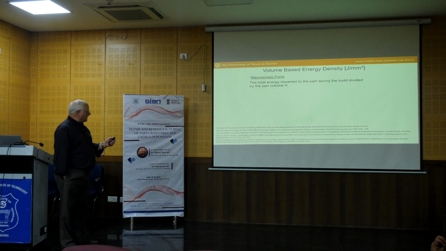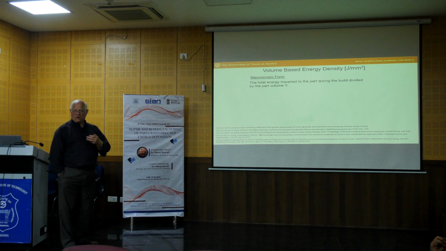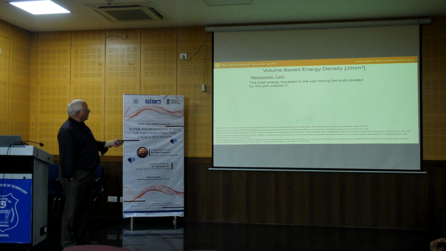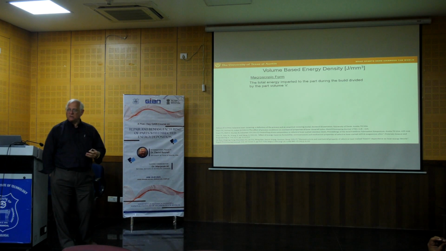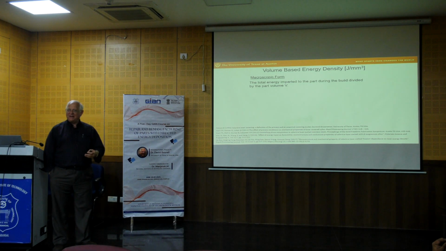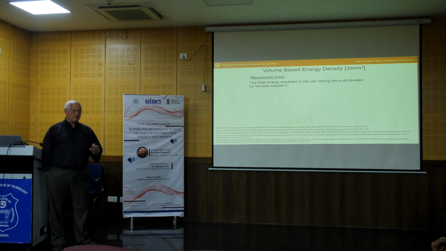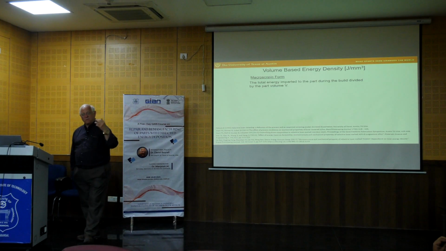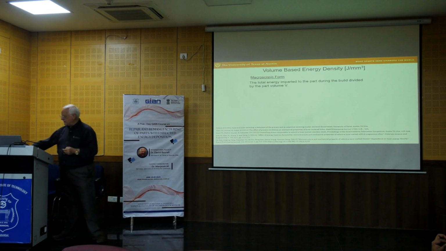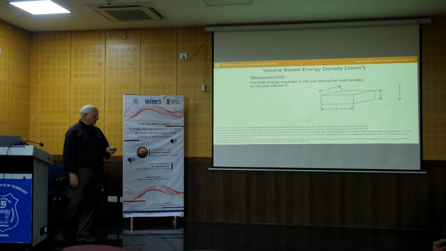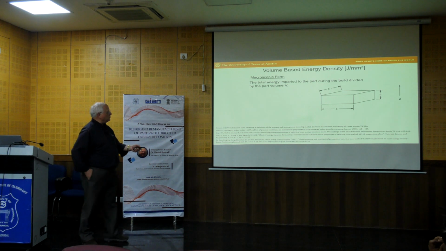So basically, the way the derivation works is I take the total energy that's imparted to the part during the build, and I divide by the volume of the part, and that gives me a certain amount of energy divided by the volume. We can do it fairly easily with a simple cuboid.